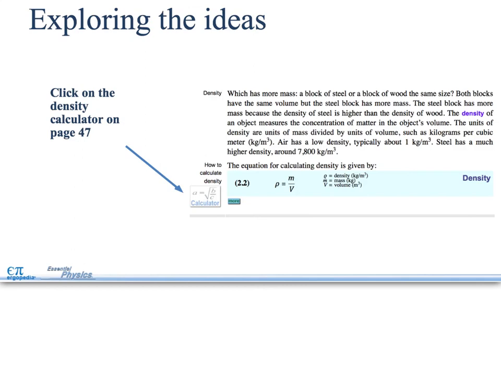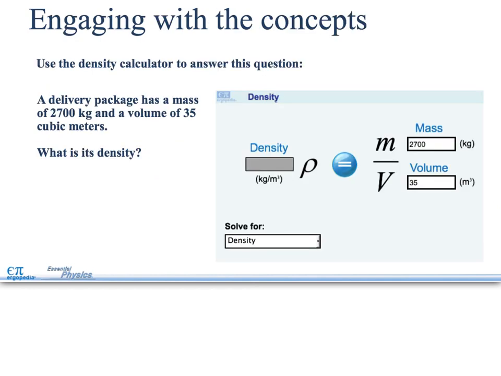All right, on page 47, you can use the calculator again, or you can use your own calculator if you want to answer the questions as we go along. Use the density calculator to answer this question. A delivered package has a mass of 2,700 kilograms and a volume of 35 cubic meters. What is the density? To look at this, you can plug it in.